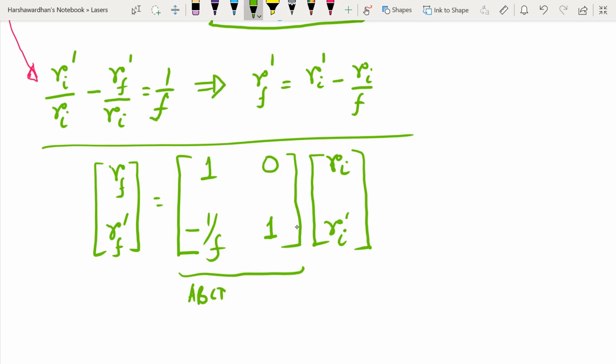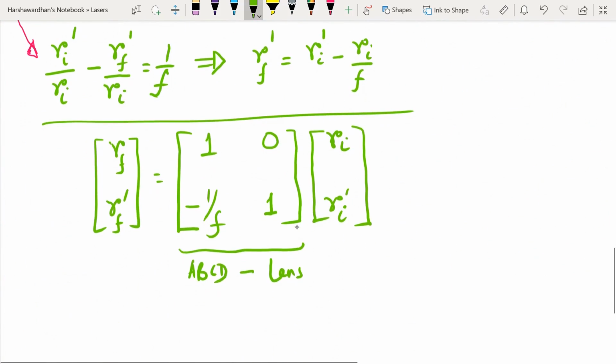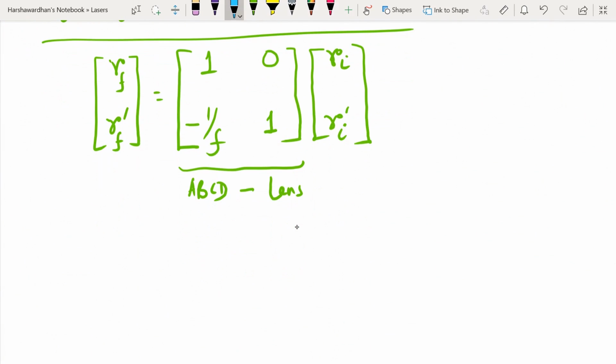These four terms are the ABCD matrix associated with a lens. This is how a lens transforms the input ray to an output ray. One can do a similar exercise for a mirror, which is what is important for us. I am just rederiving this step by step so that you can repeat these calculations for yourself.